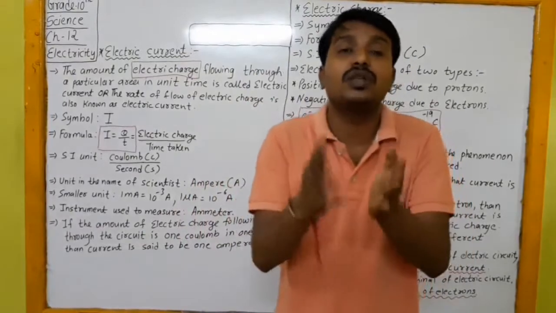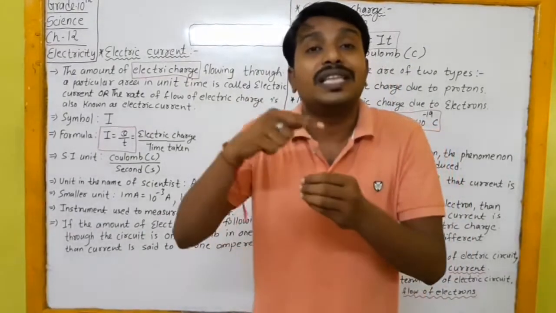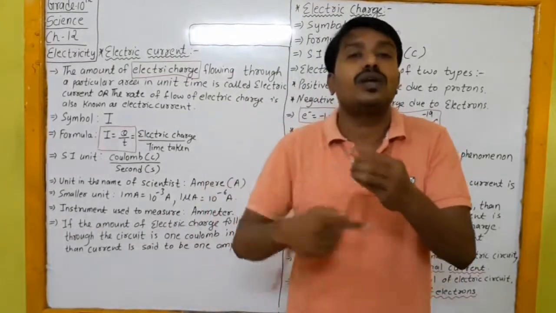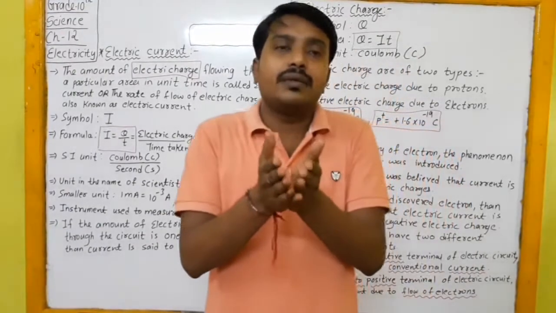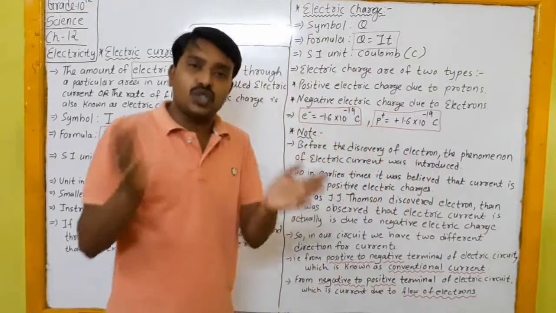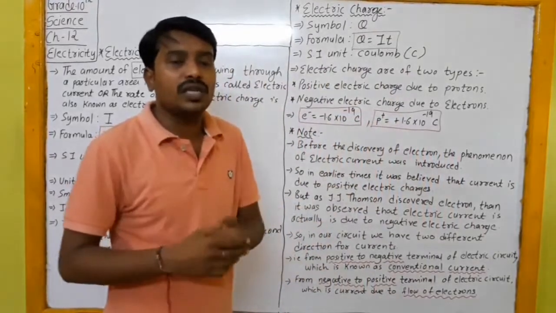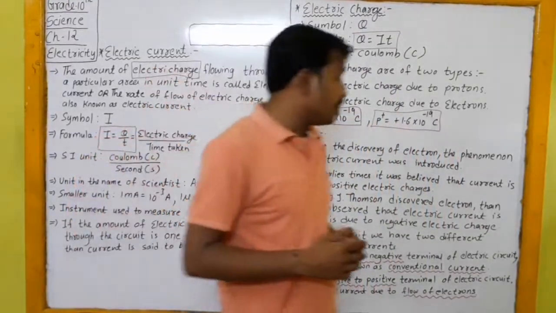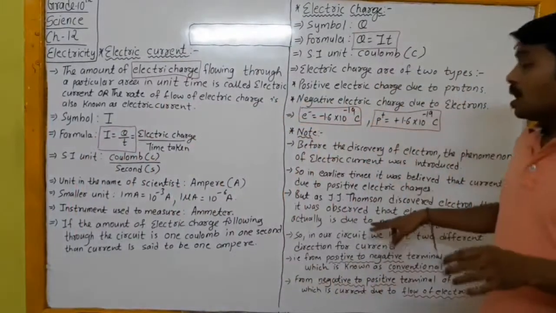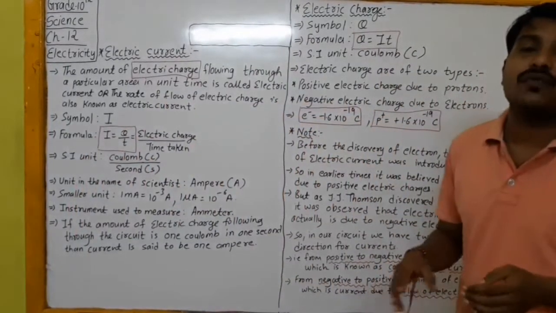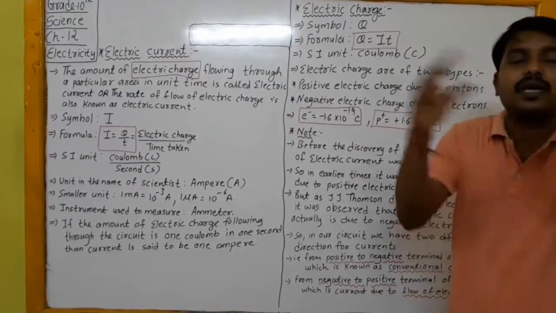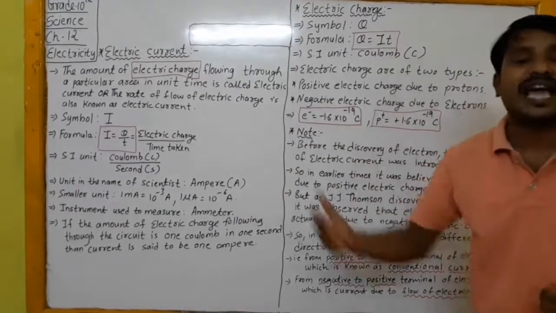That means electrons are responsible for the electric current flowing through the circuit. So they made some changes, and by doing those changes, there will be two different directions of electric current in the circuit.